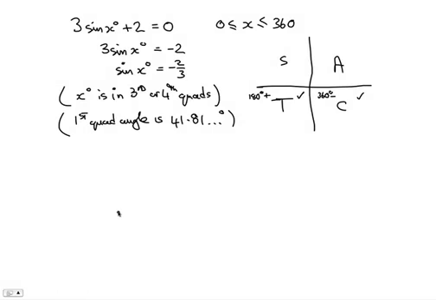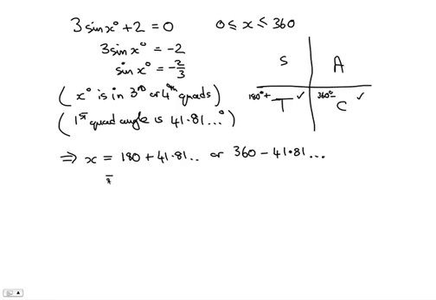So we'll get rid of the calculator. All the information is here. This means that x is equal to third quadrant 180 plus the first quadrant angle of 41.81, or fourth quadrant angle 360 minus 41.81.